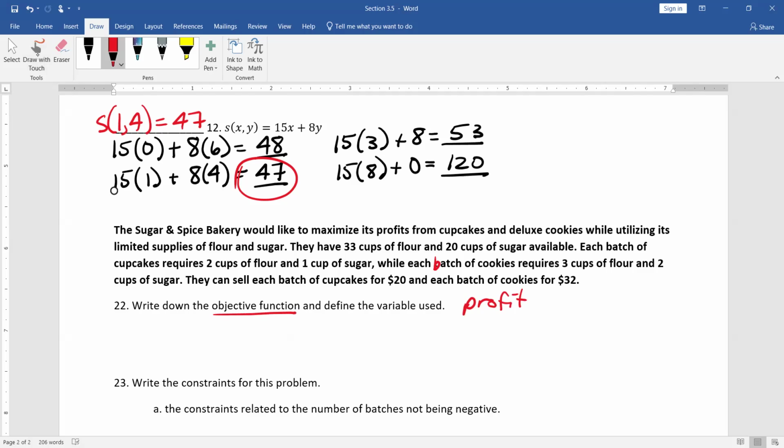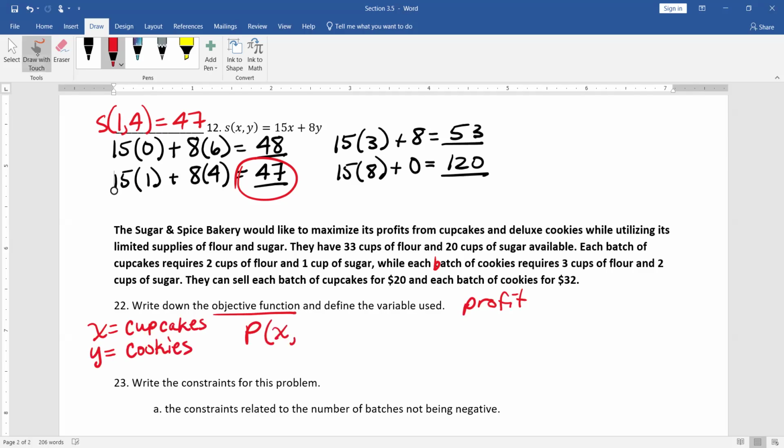So I'm going to make x equal cupcakes, y is going to equal batches of cookies. So my profit is z, or actually we can do it this way. I'm going to do it as a function.